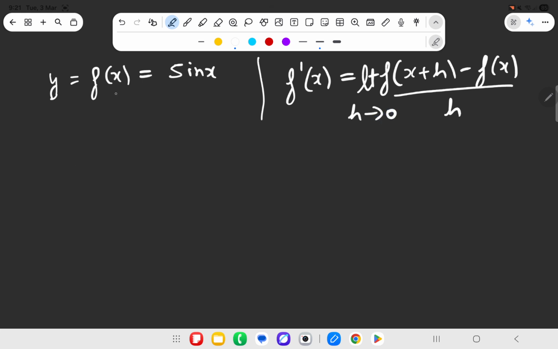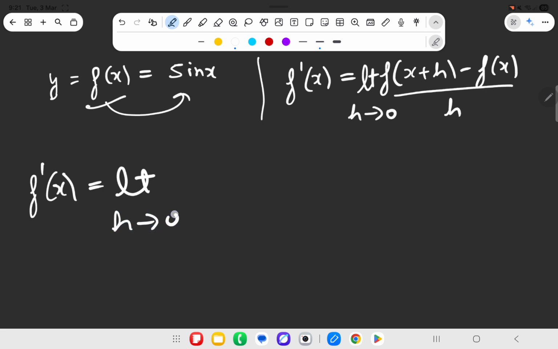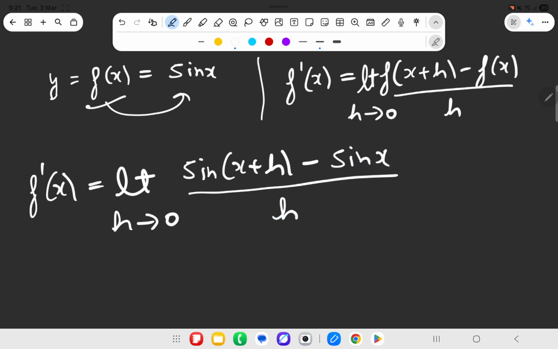Now our f of x is sin x, so f of x plus h means sin of x plus h, minus f of x means sin x, divided by h.